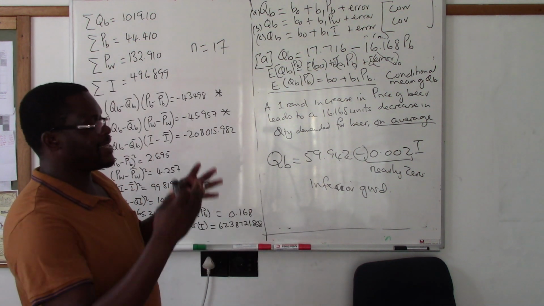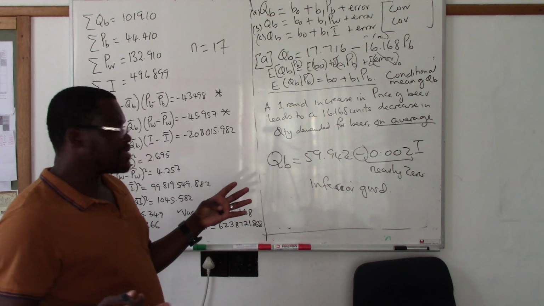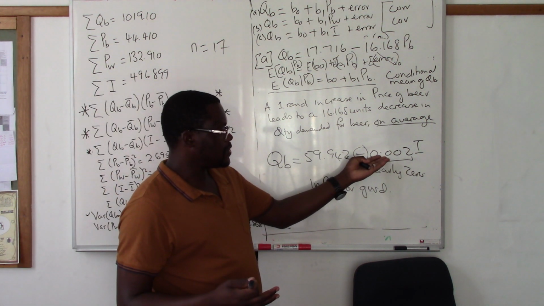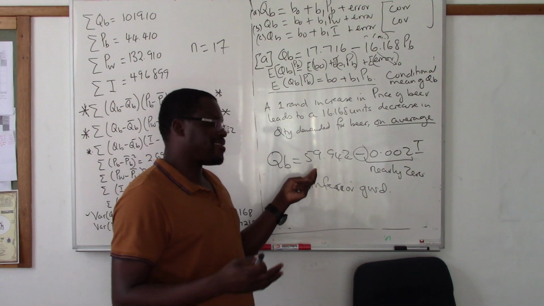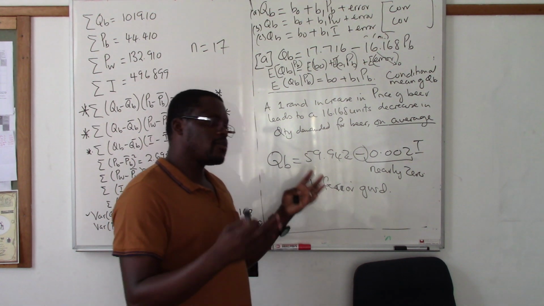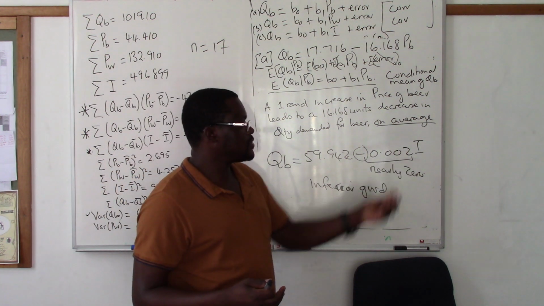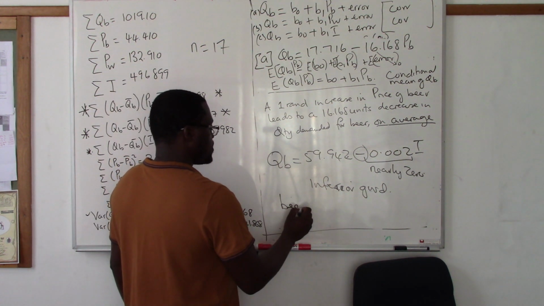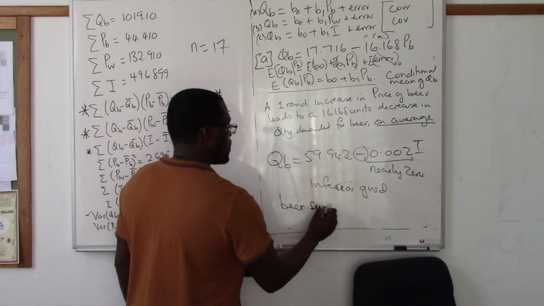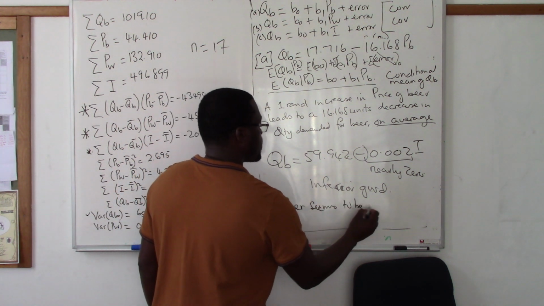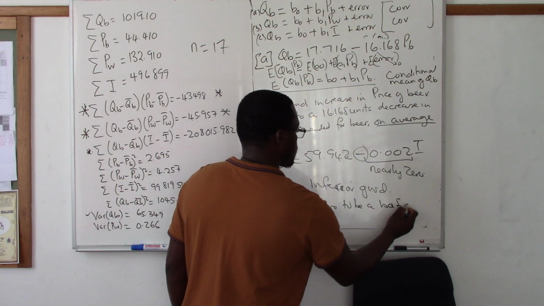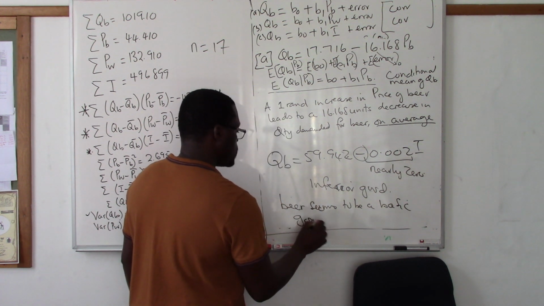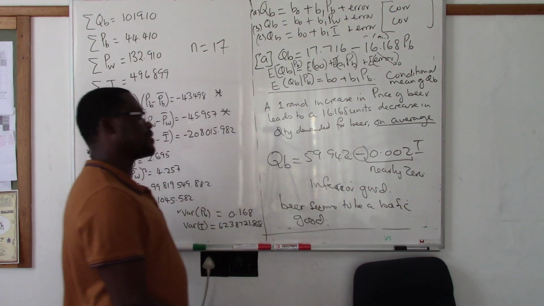But if you look at the size of the coefficient, which is nearly 0, which means that demand for beer does not, for all practical purposes, respond to changes in income, then beer seems to be a basic good.